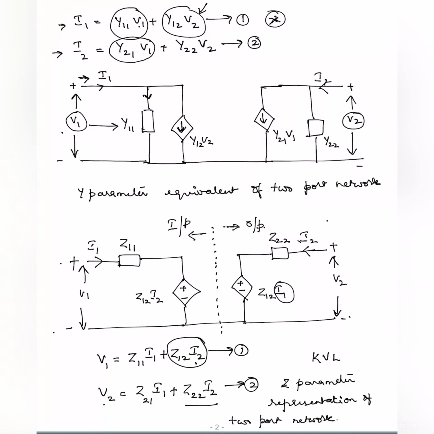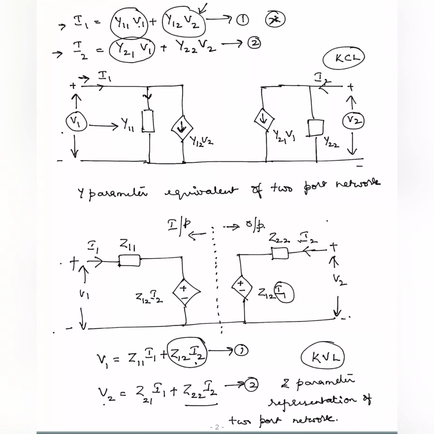I have done a separate video for this, you can check my playlist. The Z parameter representation of a two port network follows Kirchhoff's voltage law, whereas the Y parameter, which is exactly opposite of Z parameter, follows Kirchhoff's current law.